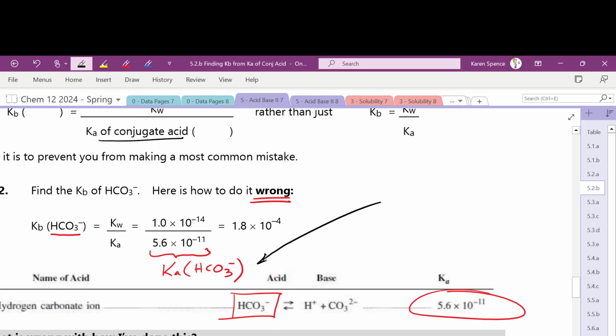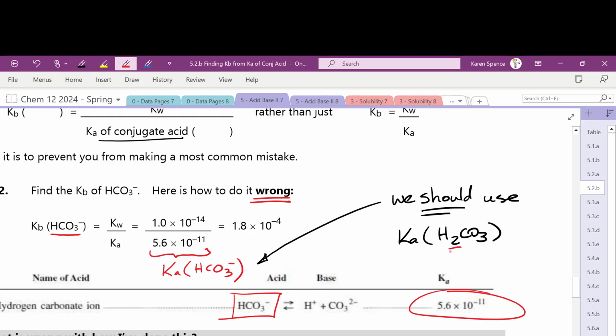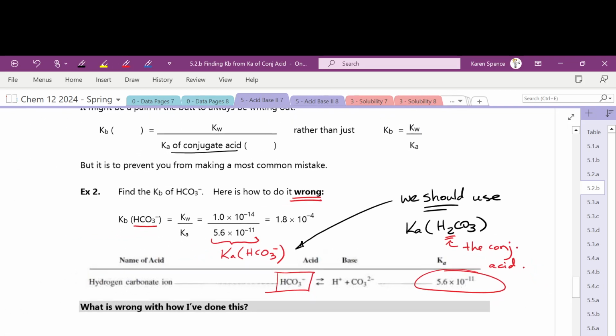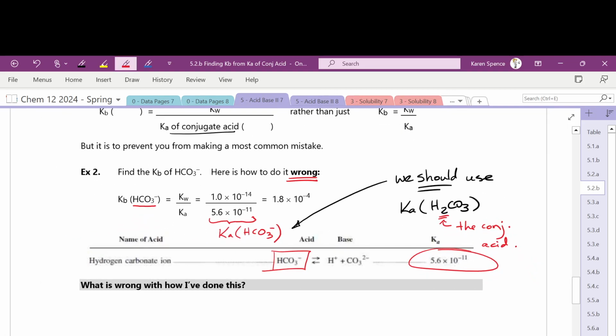We should use the Ka of H2CO3, the conjugate acid. Anyway, it's okay.